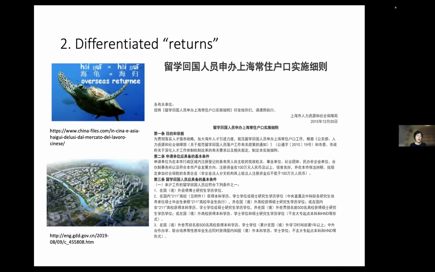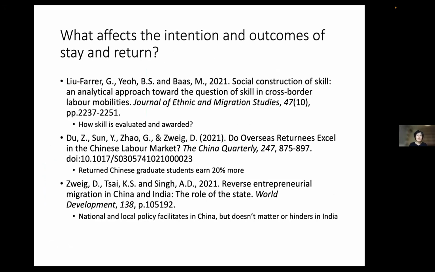They try to attract those students back to their countries and provide a lot of amenities. China has been very successful in this regard, India less so. And if you're interested in this, I have some articles here. The last one compared China and India, how they have different degrees of success in attracting those entrepreneurial former international students back to the country.